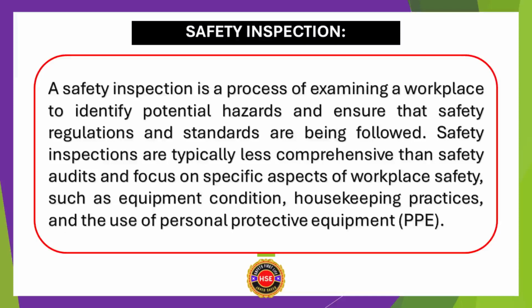Safety inspections are typically less comprehensive than safety audits and focus on specific aspects of workplace safety, such as the condition of plants and equipment, housekeeping practices, and the use of personal protective equipment, PPE, etc. After understanding what a safety audit is, what do you understand by site safety inspection?